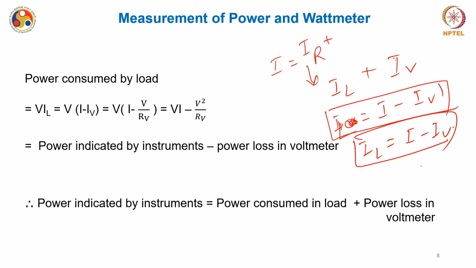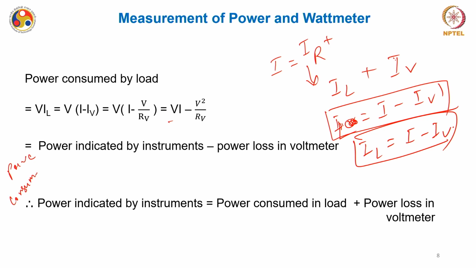So the power consumed by the load is V into IL, and if I replace IL by this equation, I get V into I minus IV. If I simplify it, I can write V into I minus V by RV, or VI minus V squared by RV.